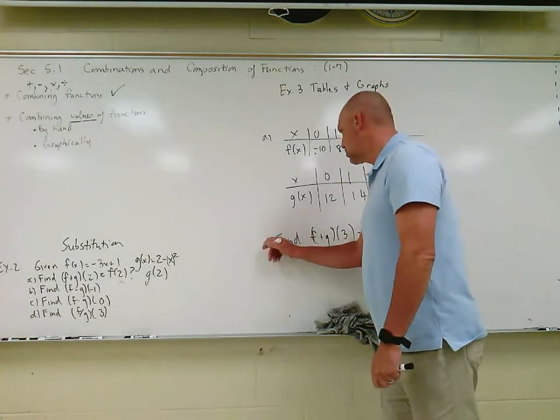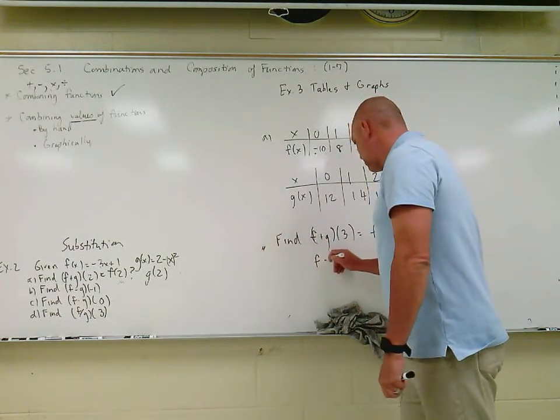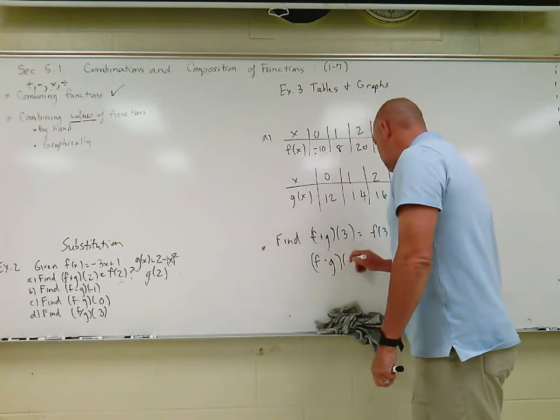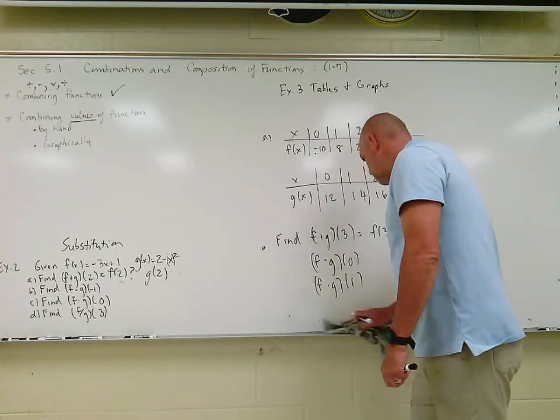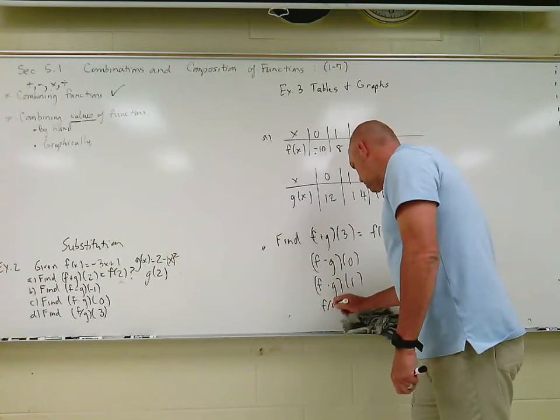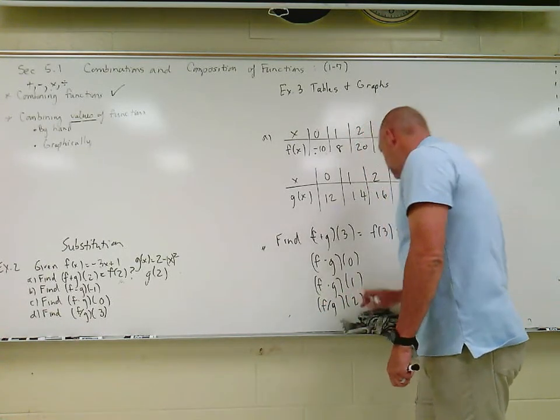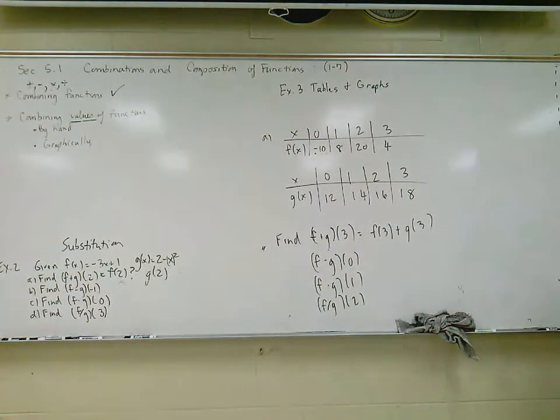All right, so there's that one. Find f minus g of 0, find f times g of 1, and find f over g of 2. If you can do each one of those, now you're using the chart to do it.